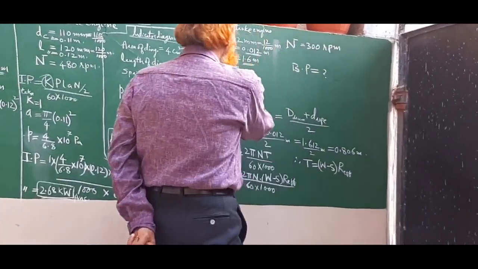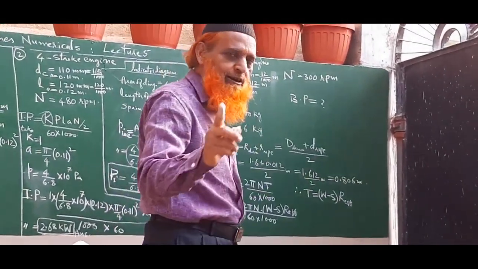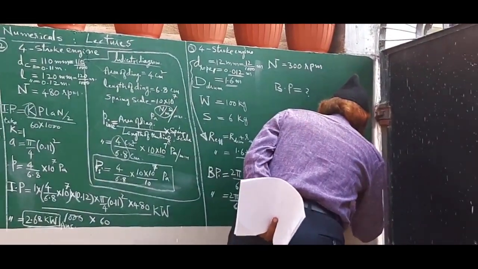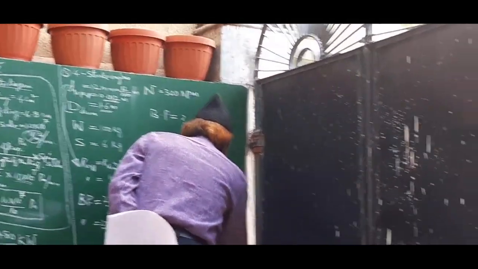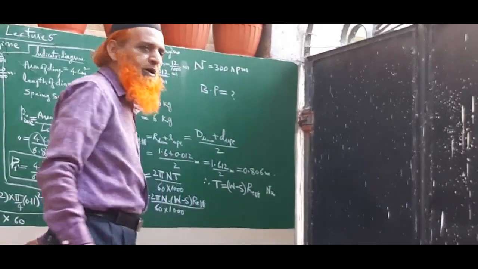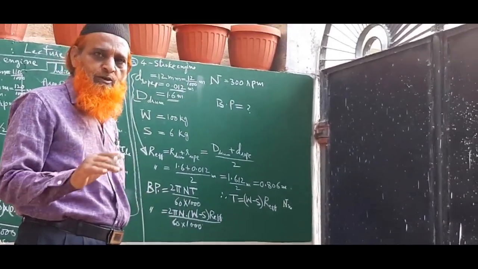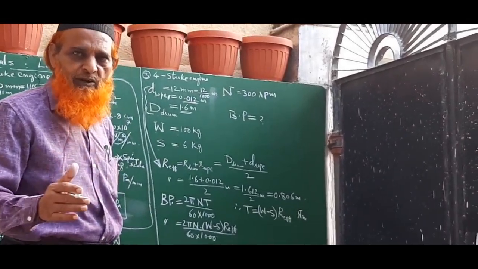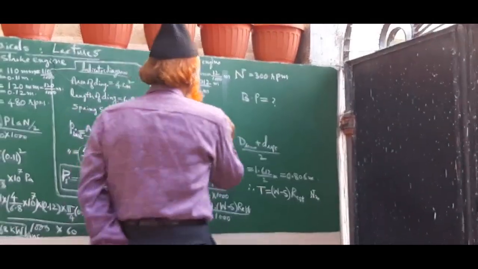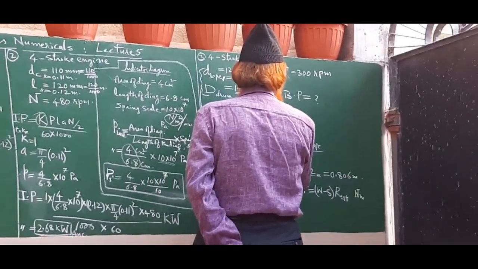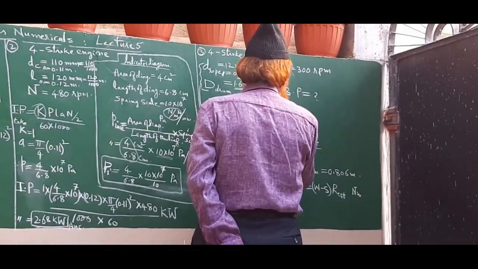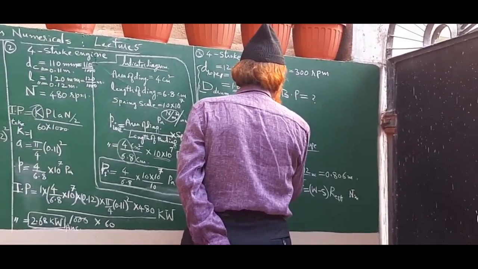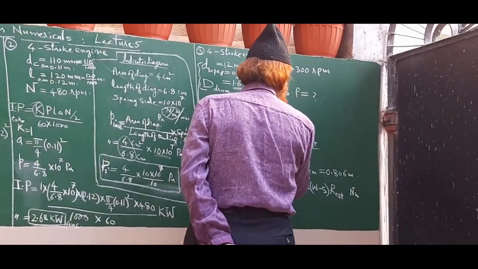Here W minus S, given in kg, we want in Newton because torque is supposed to be in Newton meter. Kg is the mass unit; to convert it into Newton, it is to be multiplied by acceleration due to gravity. So this becomes 100 into 9.8 Newton, and 6 into 9.8 Newton.